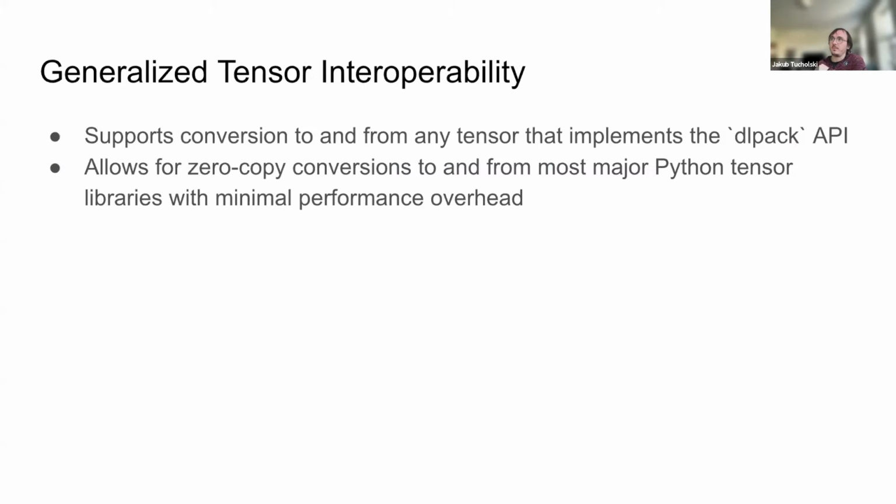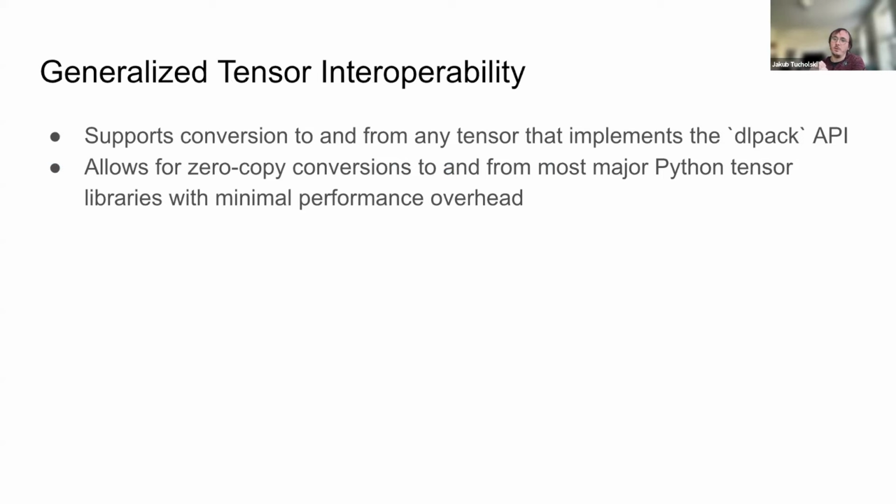Additionally, outside of NumPy interoperability, the API provides generalized interop between a variety of popular tensor libraries. We do this by using the DLPack API that's implemented by most major tensor libs.